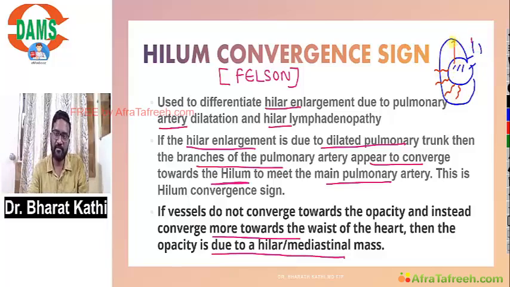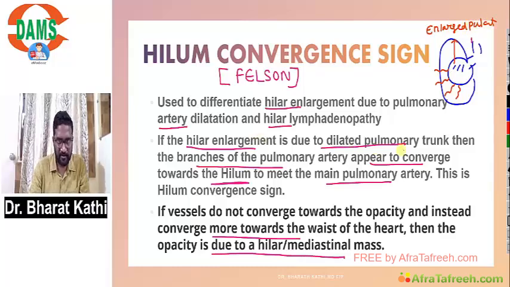So if this is the situation, this is an enlarged pulmonary artery. If hilar enlargement is due to dilated pulmonary trunk, then the branches appear to converge towards the hilum or to meet the main pulmonary artery.